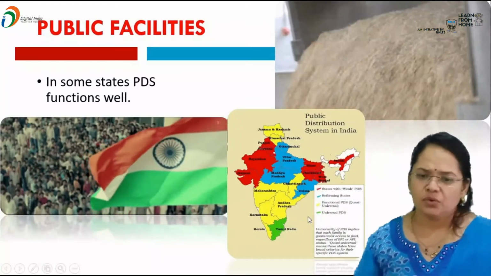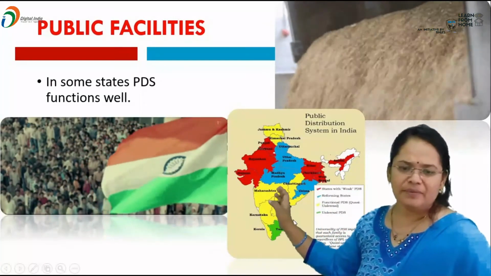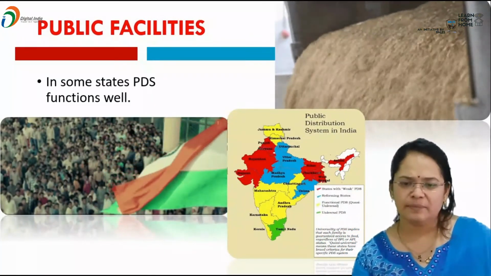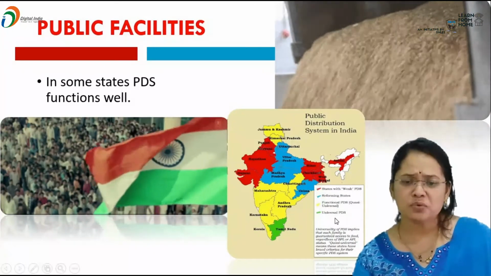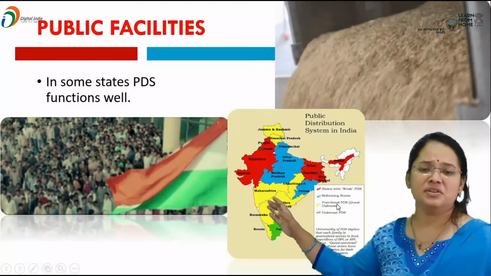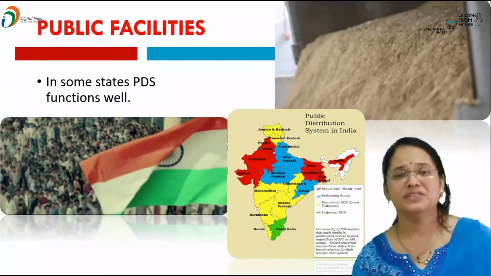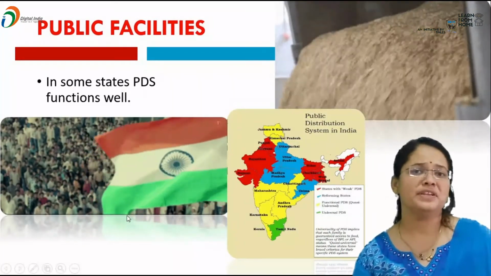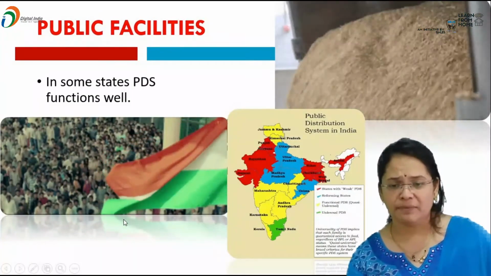When you see the yellow part here, they are functioning at the universal level. States like Maharashtra, Andhra Pradesh, Karnataka, Chhattisgarh and Jammu Kashmir have PDS facilities very well.